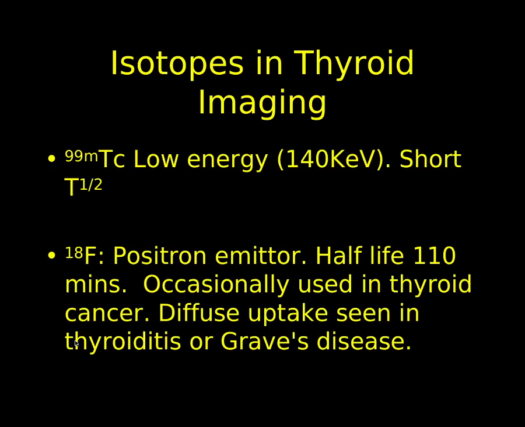Like iodine, it is naturally taken up by the thyroid gland, although it is not organified. That's the difference. That has an advantage in that we can image with technetium very quickly after injection, 20 minutes, whereas we usually wait 3 to 4 hours after we administer an injection or an oral dose of iodine 123 before we would image the thyroid gland.